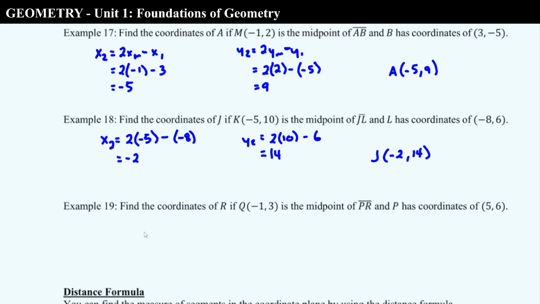And then for example 19, again, we're finding the coordinates of R if Q is the midpoint with these coordinates, and P, our other endpoint, has these coordinates. So we've got x2 equals 2 times our midpoint x, which is -1, minus our endpoint x, which is 5. So -2 minus 5 gives us -7.